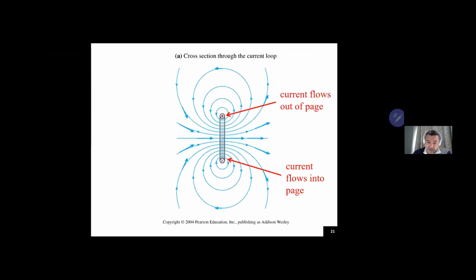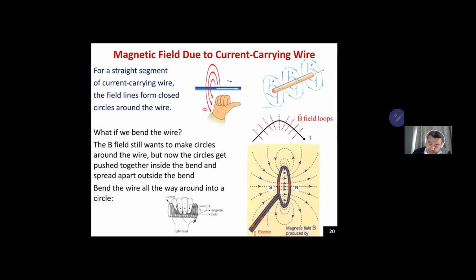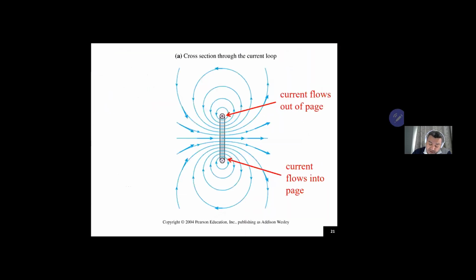So if we take a cross section of that loop, basically looking from one side of the loop, I'm looking here such that the current is entering from the bottom, going back out of the screen from the top side of that loop.